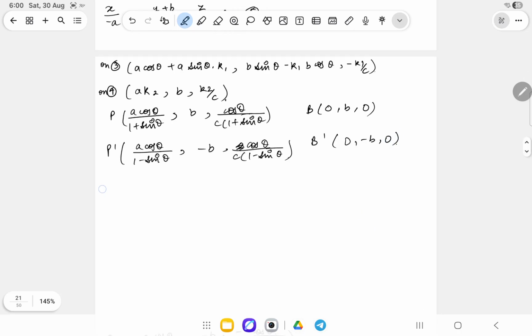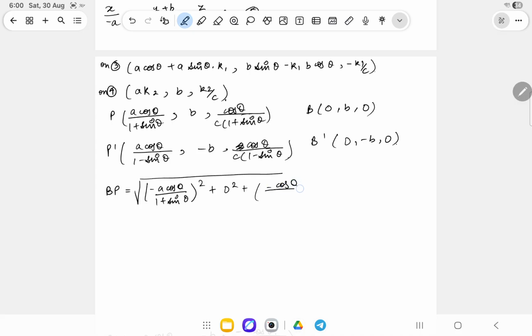So BP, I can calculate using the distance formula. So BP will be basically under root 0 minus a cos theta upon 1 plus sin theta whole square plus b minus 0 square plus minus cos theta upon c into 1 plus sin theta square.